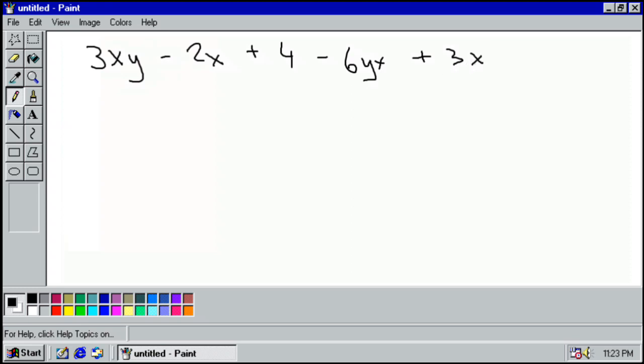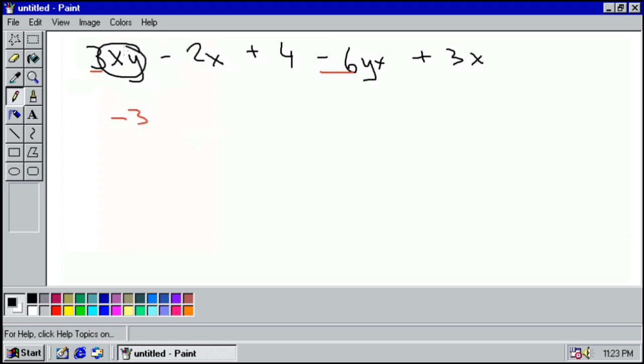So as you can see, 3xy and 6yx, the variables just change order. So when the variables change order, they are still the same. So let's add the coefficients of these terms. So 3 and negative 6 is equal to negative 3.